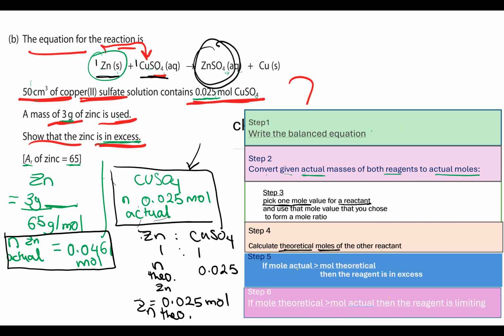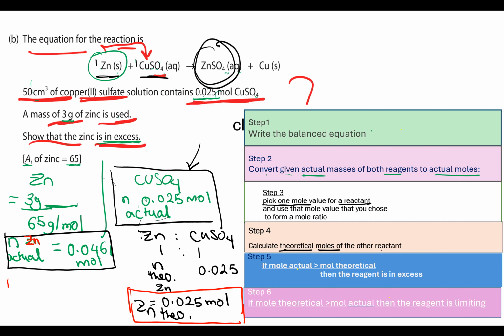Now, we want to make our comparison between the actual and the theoretical. So now this is my theoretical value. This is my actual value. How do they compare? Which one is bigger? So the actual is 0.04 and the theoretical is 0.02.